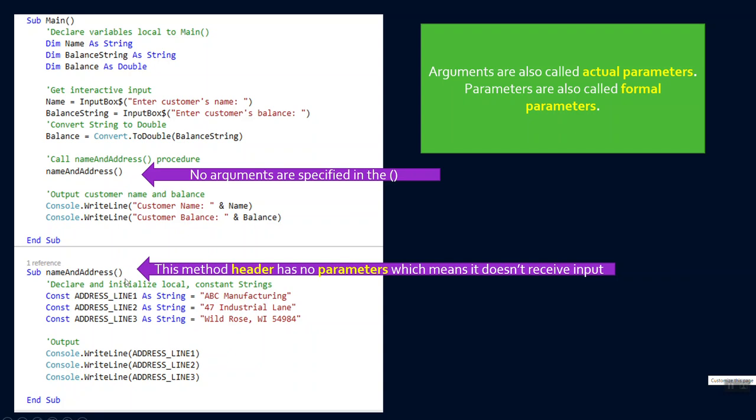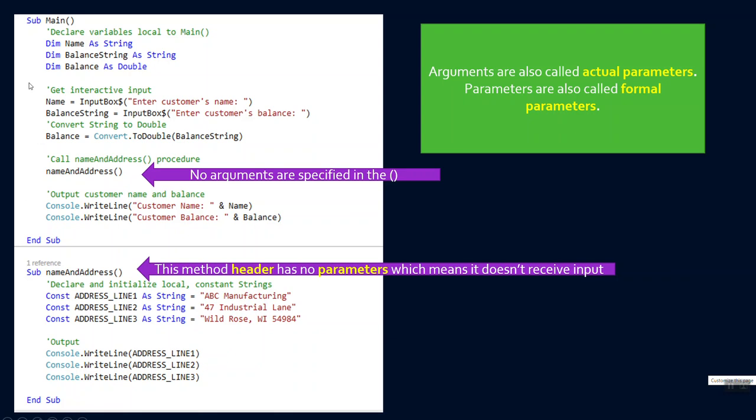And we see that empty parentheses there indicating that. Notice this term method header. Method header refers to the top line of the definition of this procedure. So procedure name and address starts here and goes all the way through the keyword end sub.